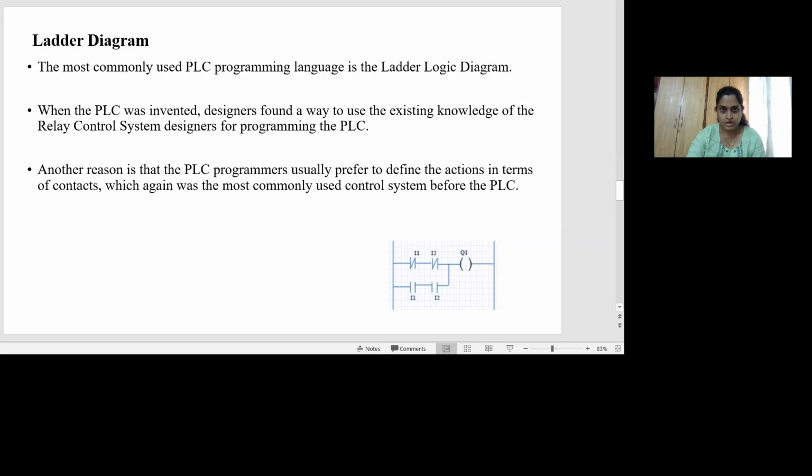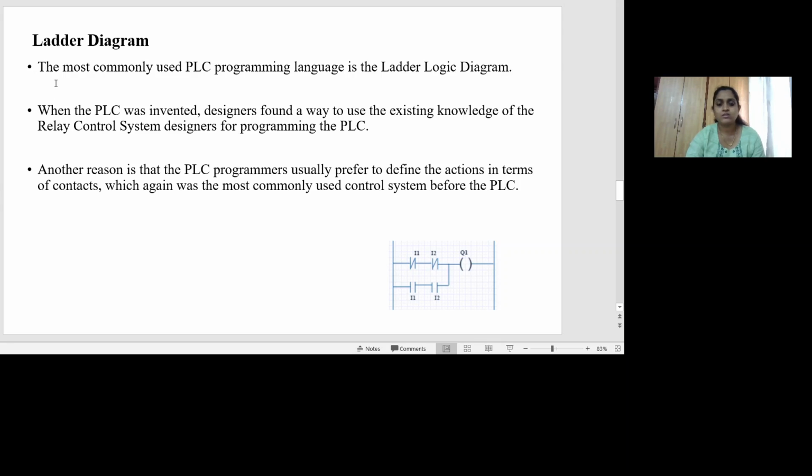And the last programming standard we will be dealing with is the ladder diagram. The ladder diagram is modeled from the relay logic, which uses physical devices like switches and mechanical relays.